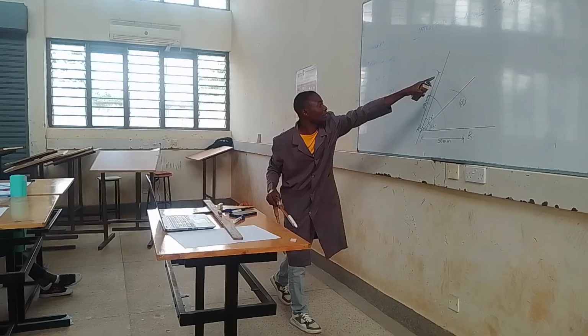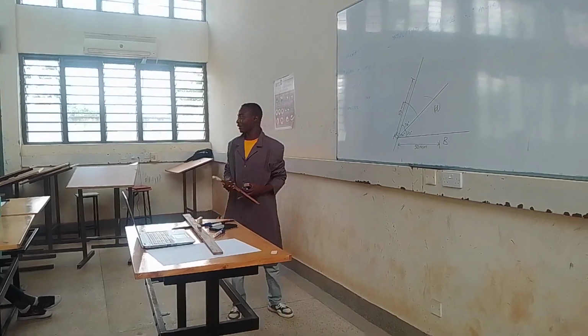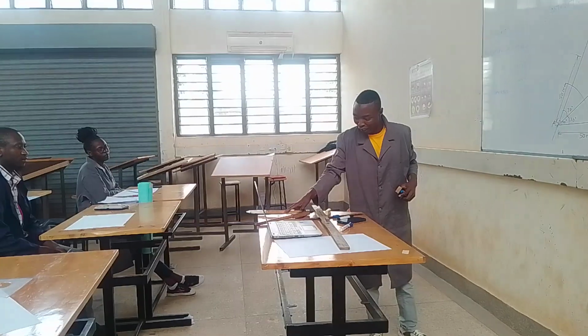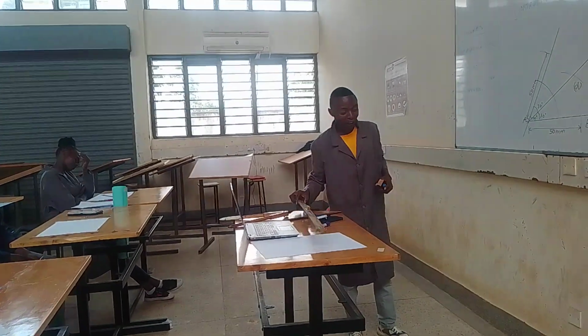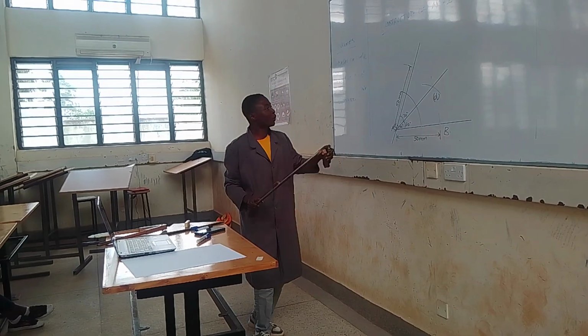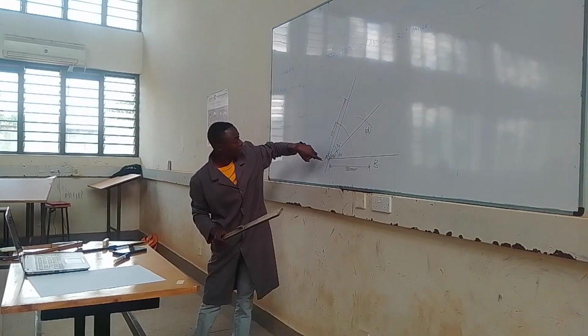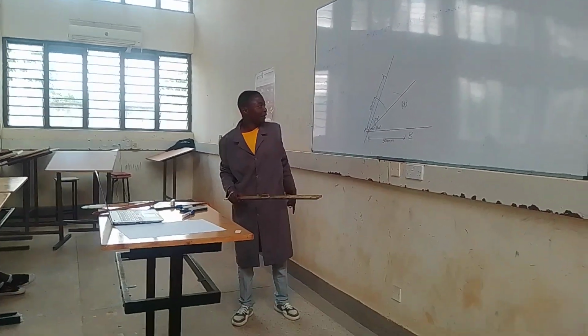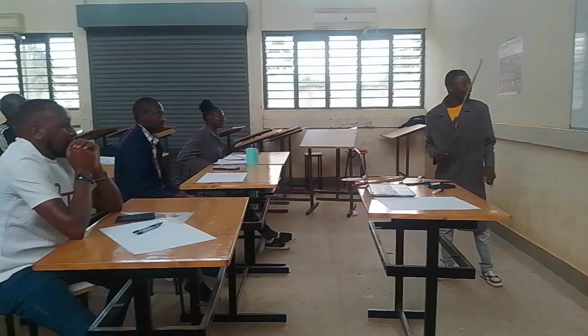Yes, Jennifer? Join point A to point C. Yes, we use our ruler or any straight edge, but mostly we use a ruler in drawing. When we join from A to C or C to A. After that, the last point.